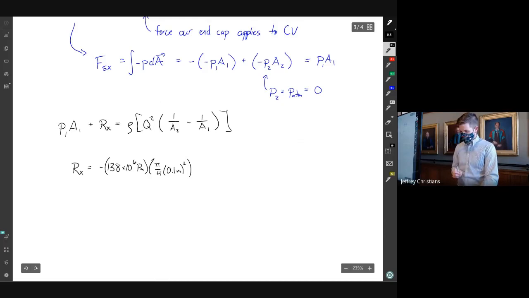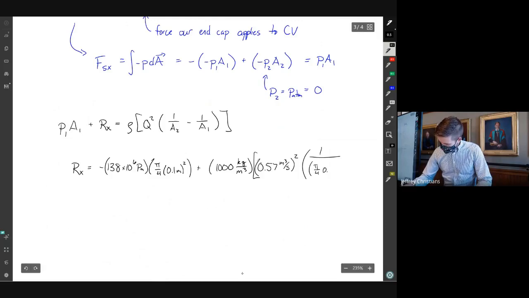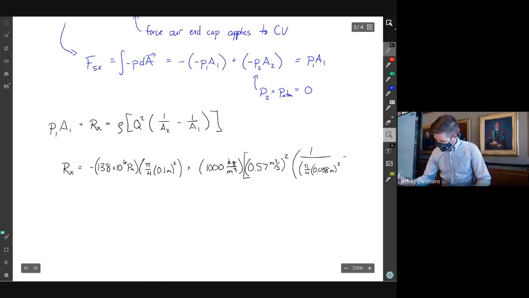That would be A1, plus 1,000 kilograms per meter cubed times 0.57 meters cubed per second squared, times 1 over A2, which is pi over 4 times 0.038 meters squared.